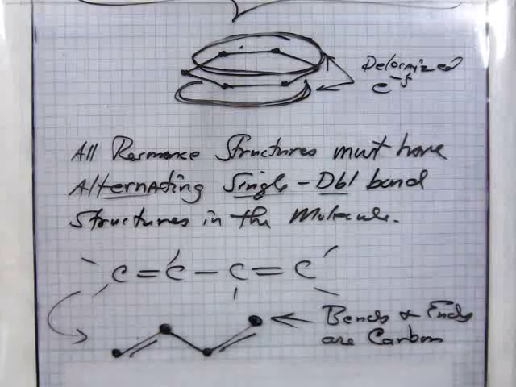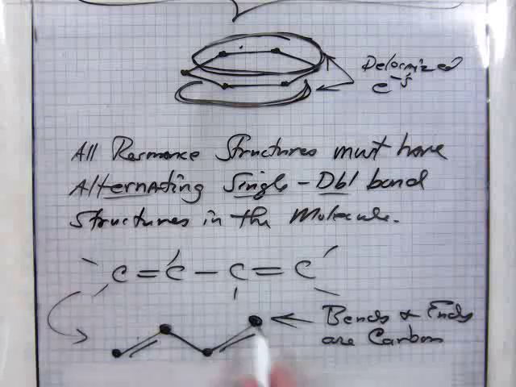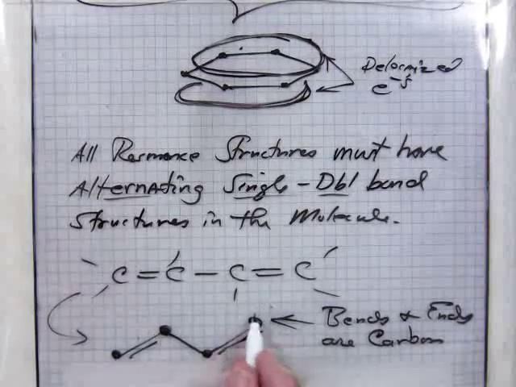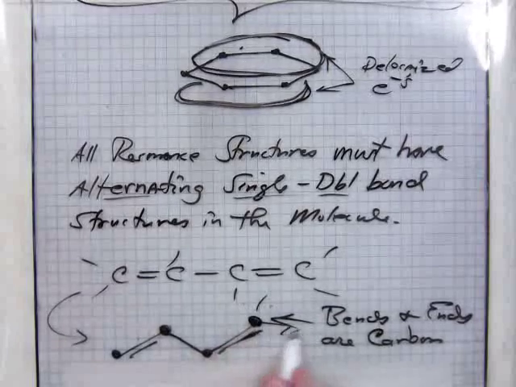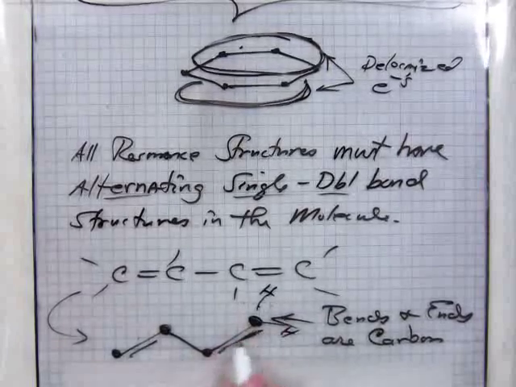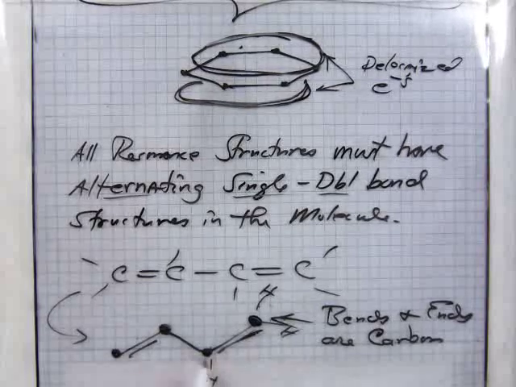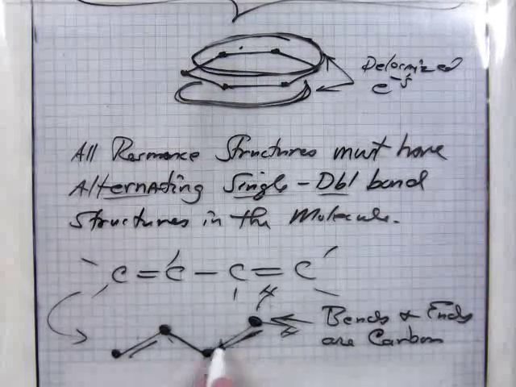Now, carbon has 4 bond sites. It's valence of 4, so it'll hook up with 4 things. So you're limited to 8 electrons undergoing bonding. So if you have a double bond here, then you're limited to 2 hydrogens. So 2, 4, 6, 8. Here you're limited to 2 hydrogens, and 2 bonds, really. 2, 4, 6, 8.